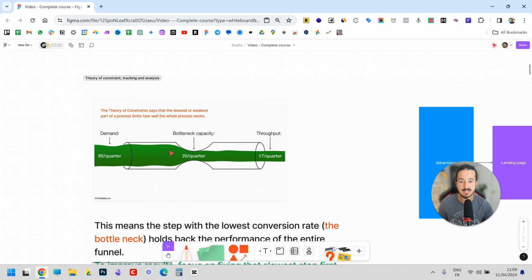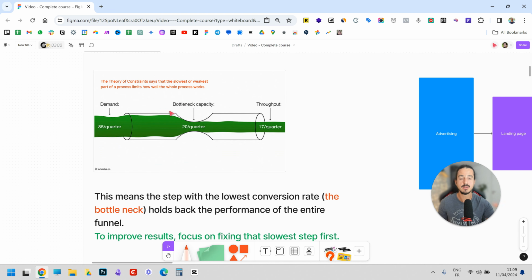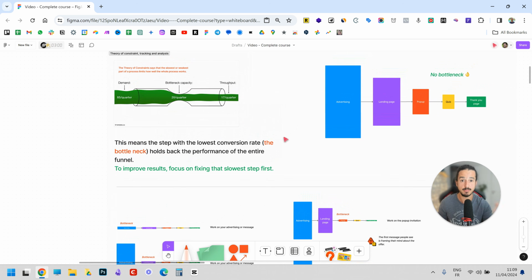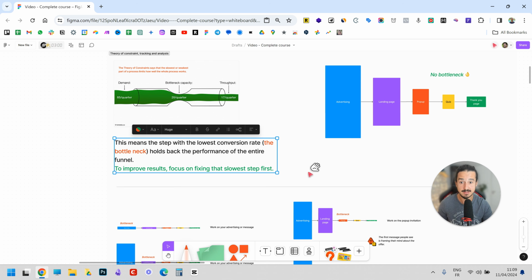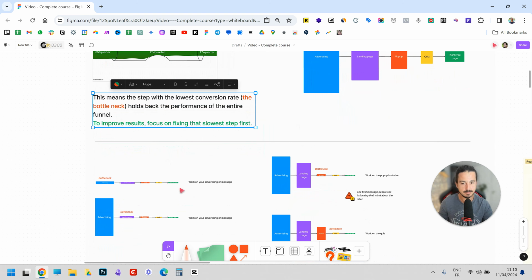But we can adapt it here, because if you think that the weakest point of your system creates the performance of your system, then it gives you the information on what to work on. The step with the lowest conversion rate, the bottleneck, holds back the performance of the entire funnel. To improve results, focus on fixing that slowest step first.